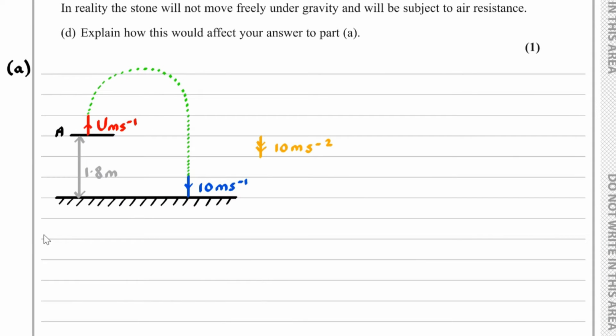So, using v squared equals u squared plus 2as, if we take upwards as positive, then we have minus 10 squared equals u squared plus 2 multiplied by a.